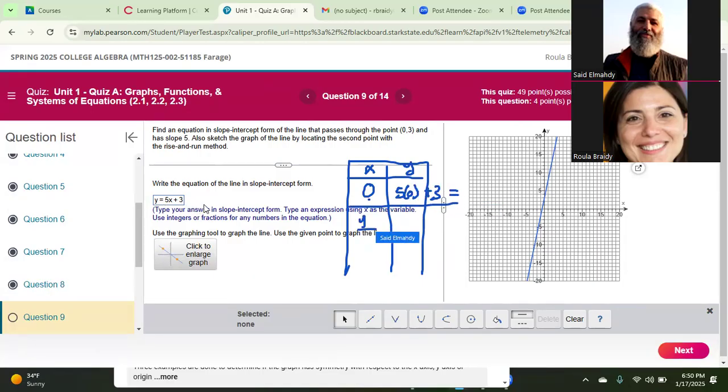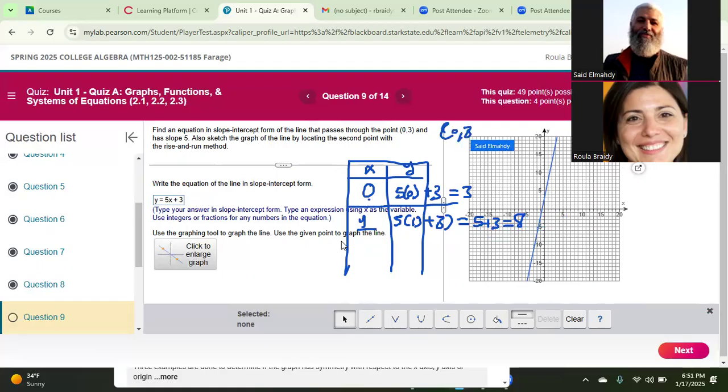And x is 1: 5 multiplied by 1 plus 3. What is 5 times 0 plus 3? 3. And what is 5 times 1 plus 3? 5 times 1 is 5, 5 plus 3 is 8. So this point is (1, 8) like we did, and this point is (0, 3).